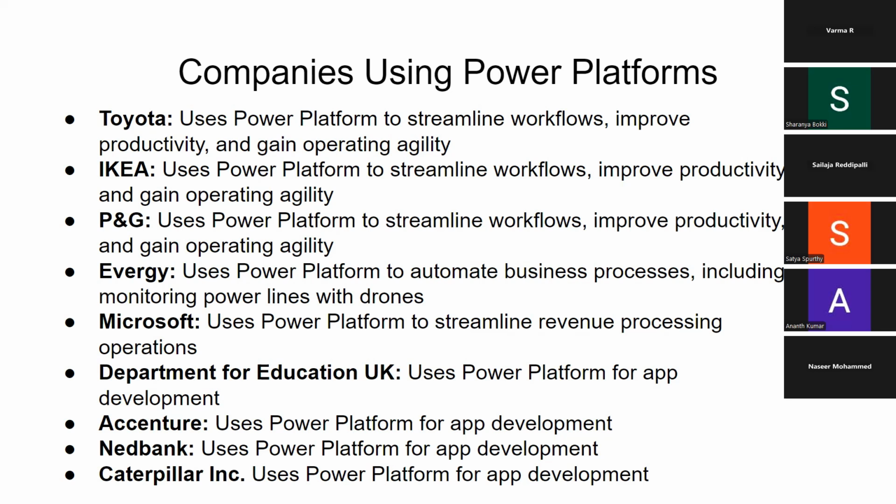Similarly, IKEA uses it for their workflows to gain operational agility. They use Power Platform in various other places as well, like the IKEA chatbot. Some components of it are made in Power Platform, Power Virtual Agents.